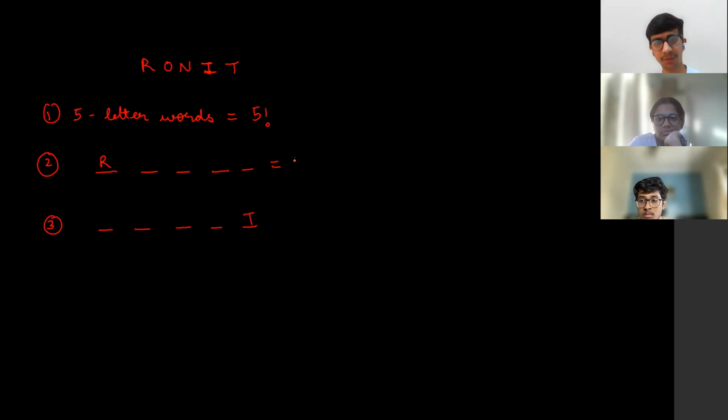How many words ending with T? 4 factorial as well. How many words starting with R and ending with T? 3 factorial. ठीक है.